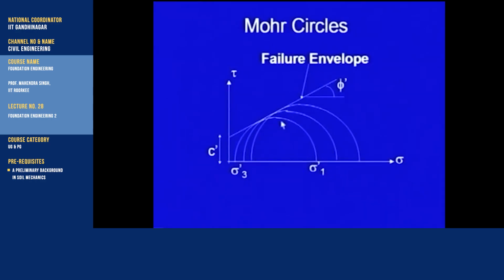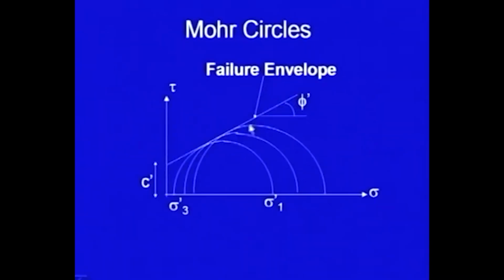For the next higher sigma 3, this is the Mohr circle. If you draw a common tangent to them, this particular curve, which may also be a straight line, defines the failure condition of the soil. Here I have taken it as a straight line, which has intercept C dash and angle phi dash.